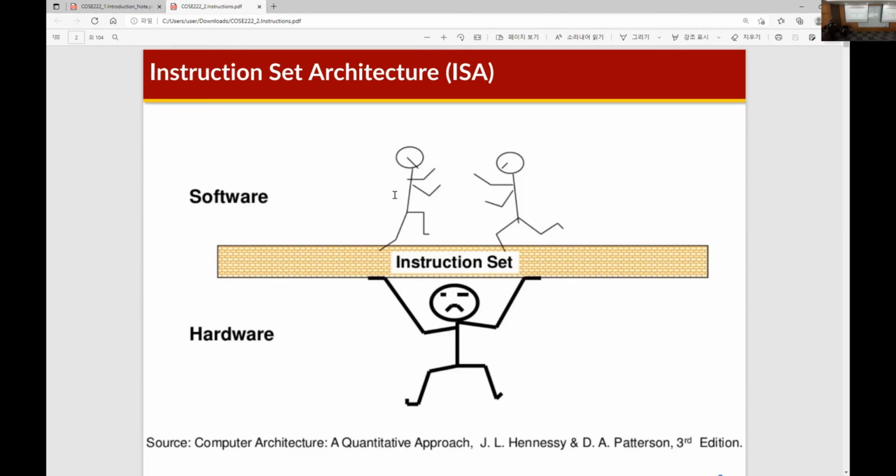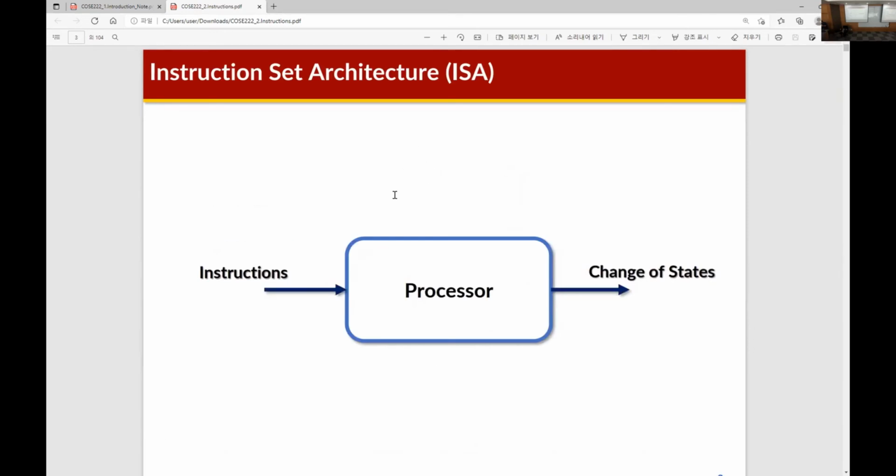Software just understands the high-level language, but these high-level languages are translated into instructions. So the instruction set is the interface between software and hardware.